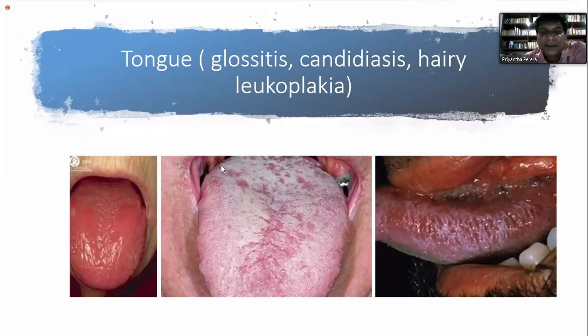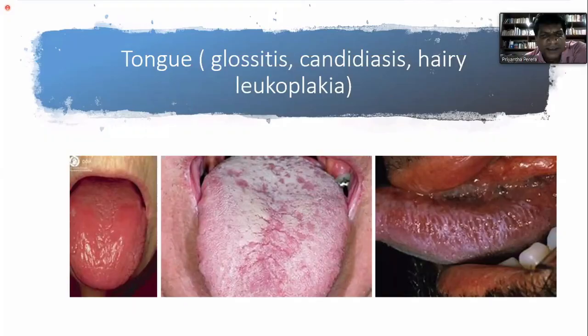White patches, right? And sometimes even in normal individuals, you can get this after antibiotic treatment. If prolonged antibiotic treatment is given, especially broad spectrum antibiotics which cover a lot of bacteria, then you risk having oropharyngeal candidiasis.